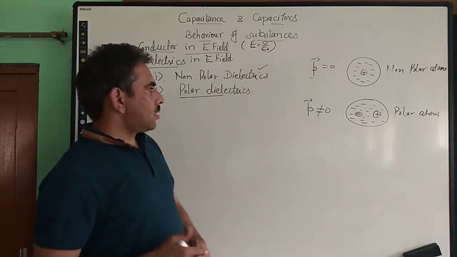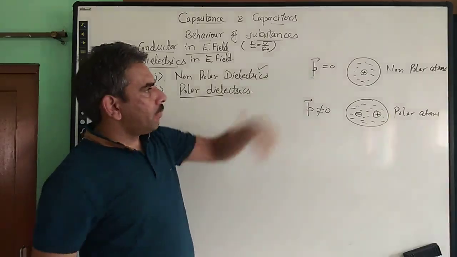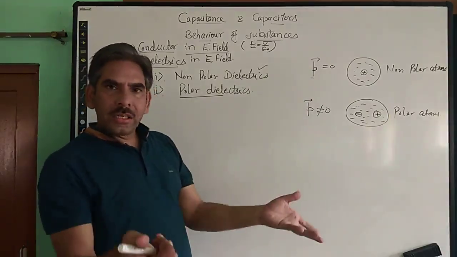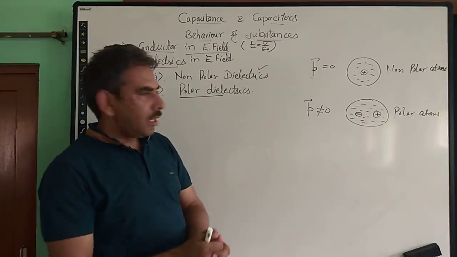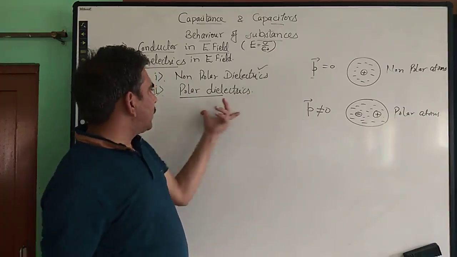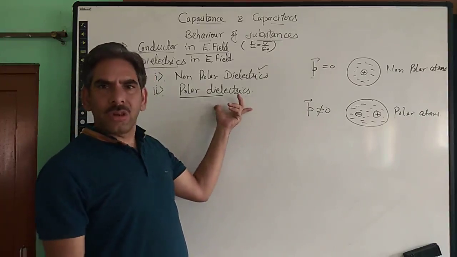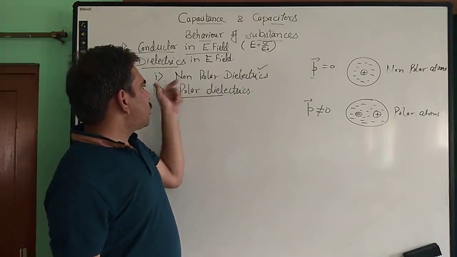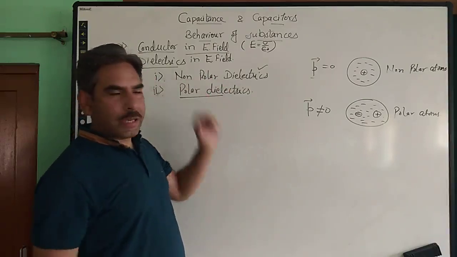So what happens whenever we apply an electric field to some non-polar atom? The polar atoms are already such that the negative and positive charges are separated inside the atom, so there is no need for applying the electric field to polar dielectrics, or it is not of any importance here. The importance is what happens to the non-polar dielectrics whenever some external electric field is applied to them.